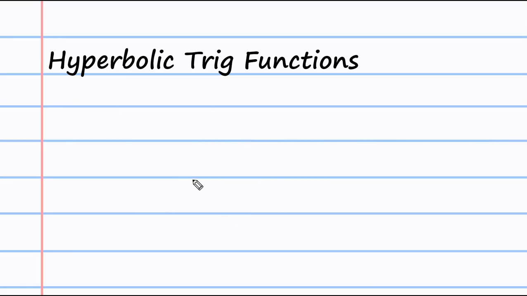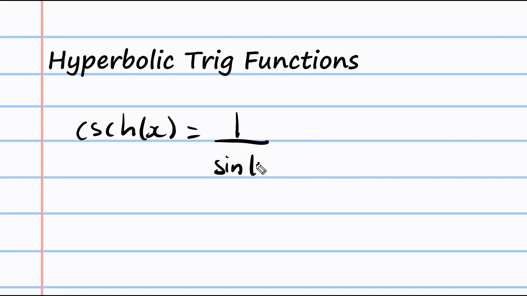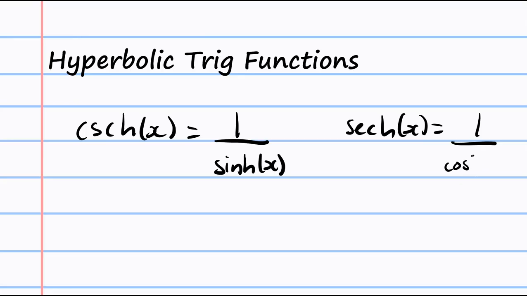All right. Now we have the reciprocal hyperbolic trig functions, and these are pretty easy to guess. So for example, cosech x is basically just 1 over sinh x. Oh, sorry, I almost wrote just regular sine x. Sech x is 1 over cosh x.